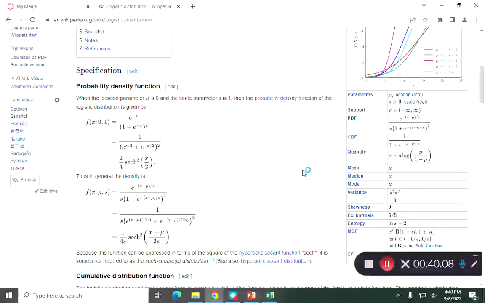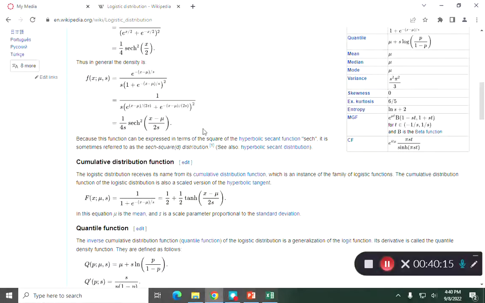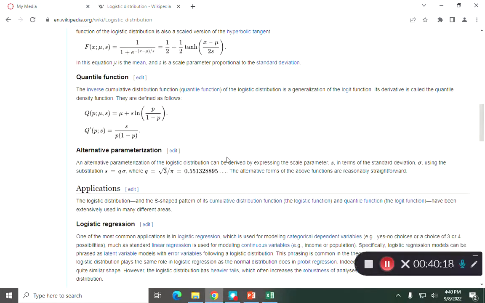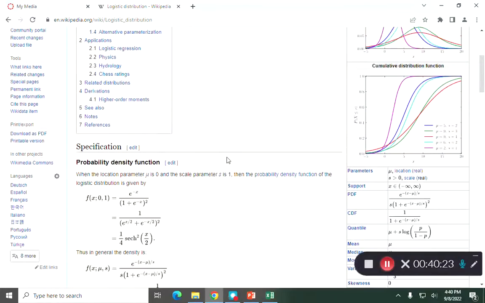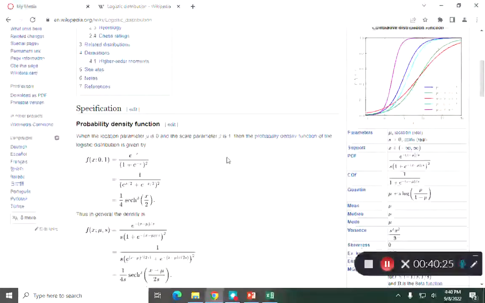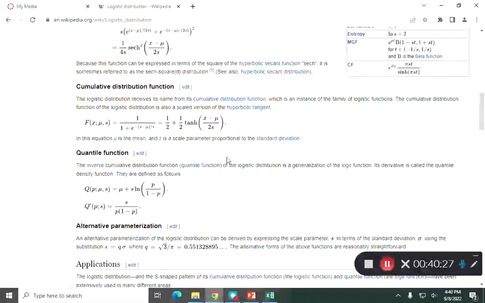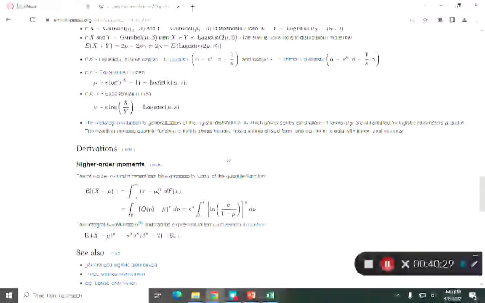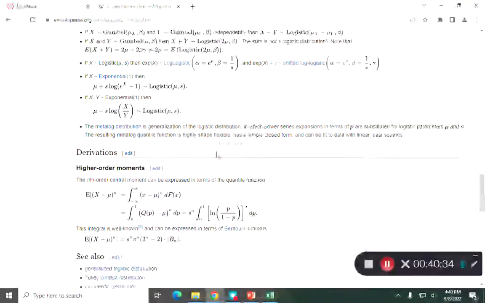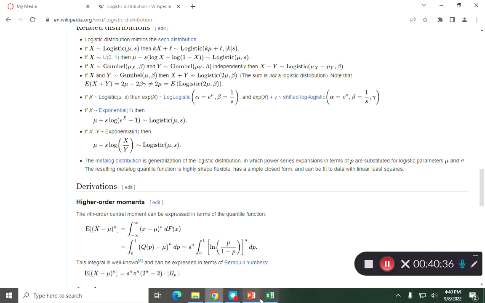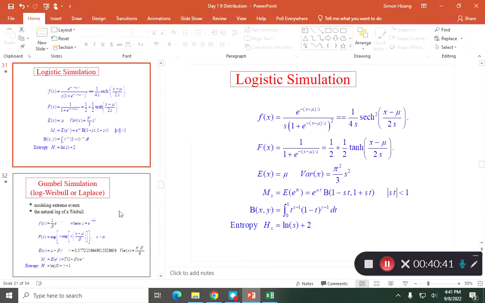Logistic distribution, here's the part I need you to understand. They're doing the same thing. I will cover this later when I give you the exercise.